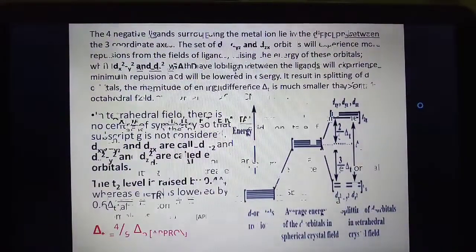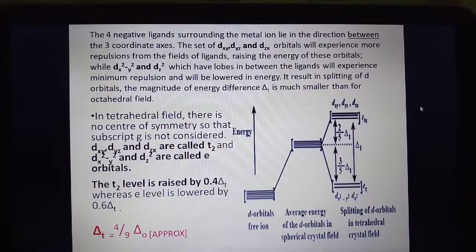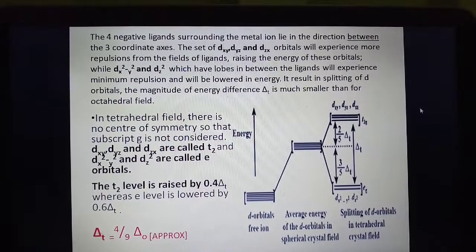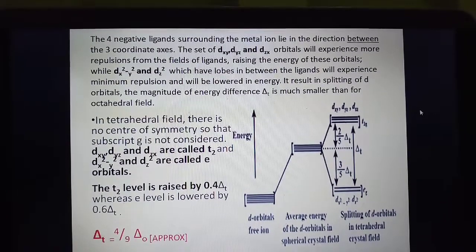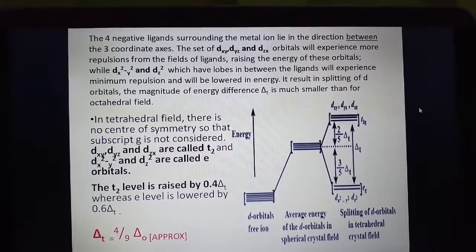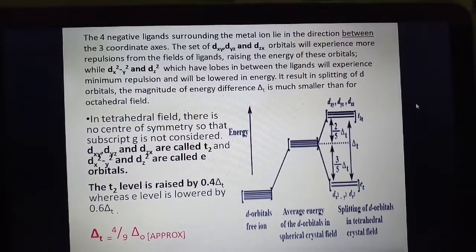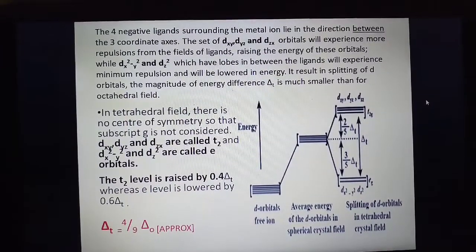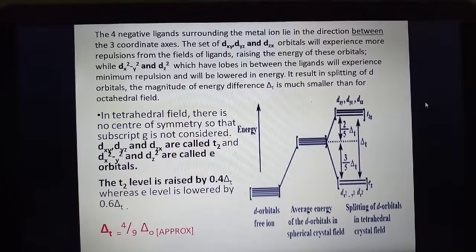I would ask the student to take note of this: in a tetrahedral field there is no center of symmetry, so the subscript g is not considered. dxy, dyz and dzx are called T2, and dx²-y² and dz² are called E orbitals.